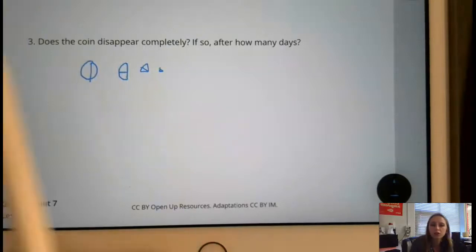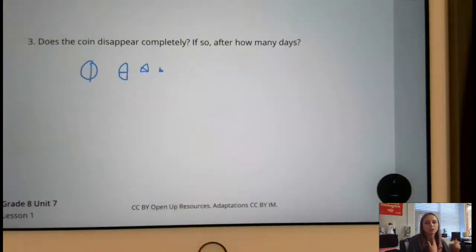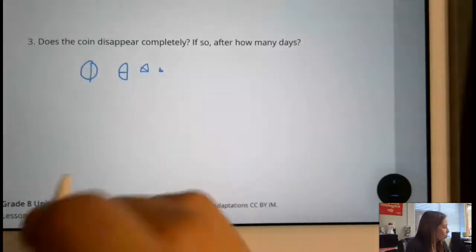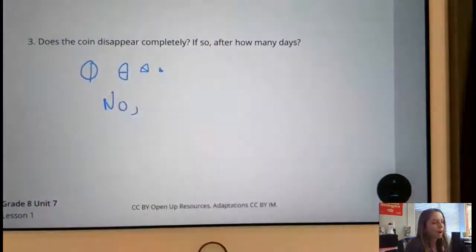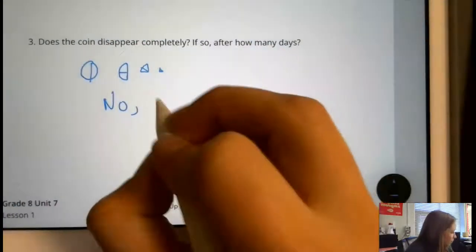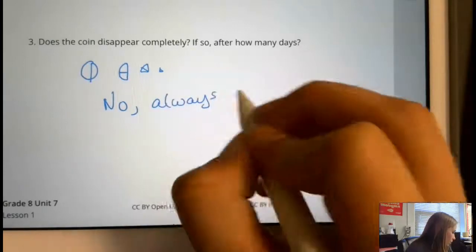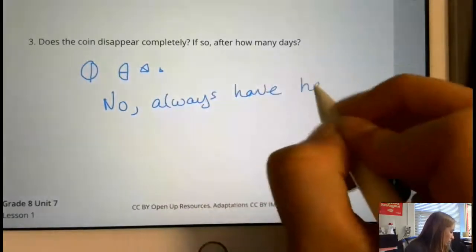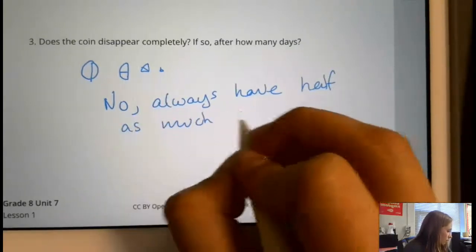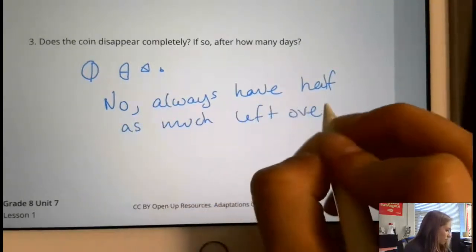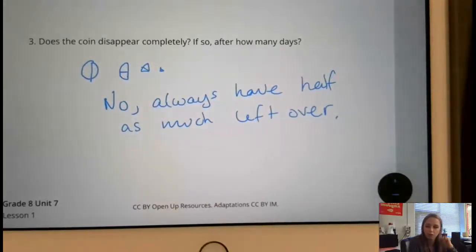So it's just going to keep getting smaller and smaller. So since we're always going to have something to take a half of, there will always be something there. So does it disappear completely? No, because we always have half as much left over. So there we go with that.